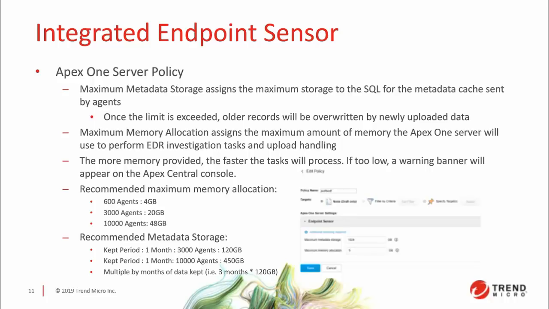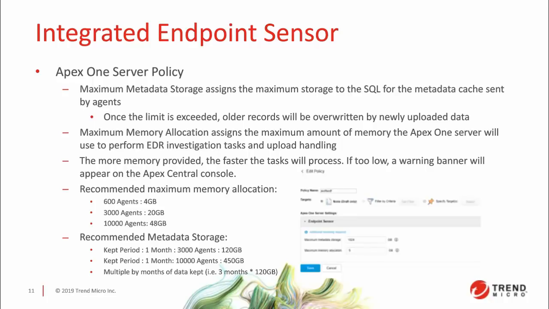The maximum memory allocation is for performance, really, on the investigations. So depending on how many agents you have in your environment, you'll either need to increase or decrease this to allow for your server resources versus the performance you need out of it.